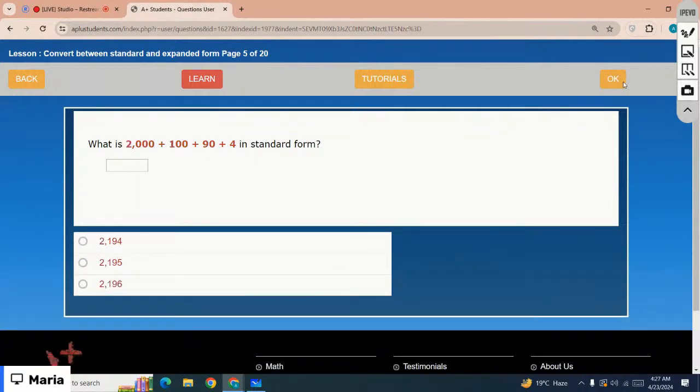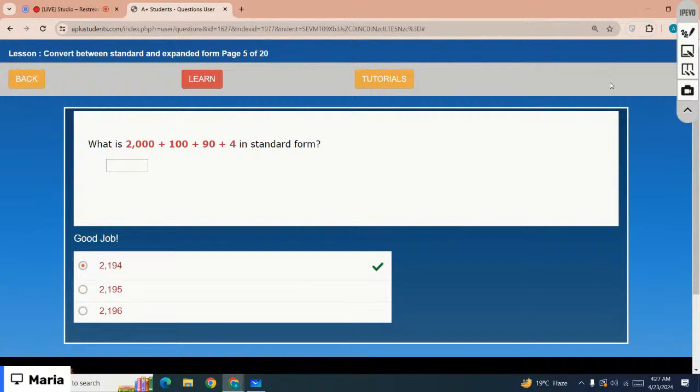What is 2000 plus 100 plus 90 plus 4 in standard form? Which is the correct option? The correct option is option number 1, that is 2194.